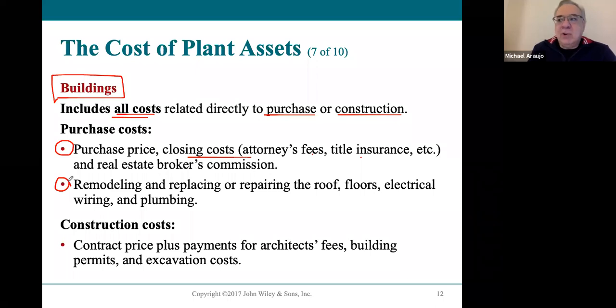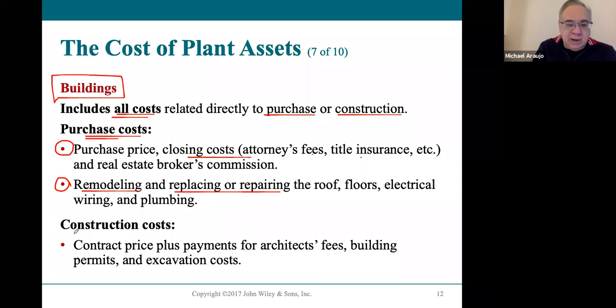So there are all different types of standards it has to meet before your building can be actually used for whatever it is you bought it for. So any remodeling or replacing or repairing costs are actually part of the purchase price of the building on the balance sheet. Okay, because again, the purpose is to get that building ready to use. And if you have to do all of this before you get it ready to use, then that's part of the cost of the building.